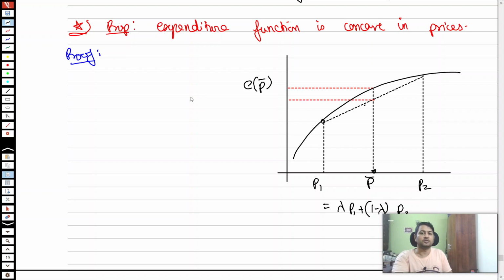So this is going to be lambda times e of p1 plus 1 minus lambda times e of p2.